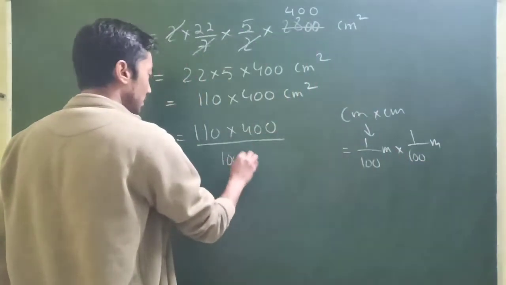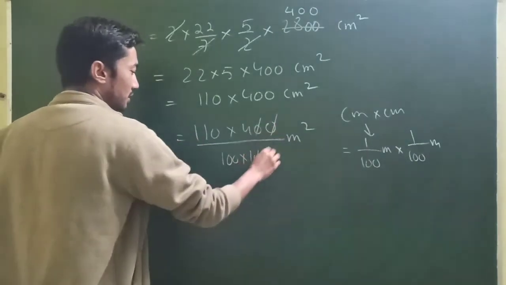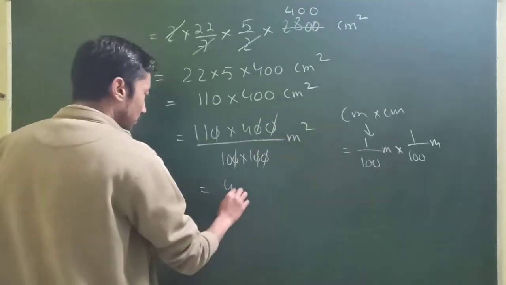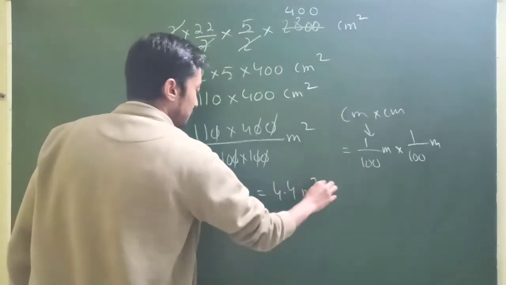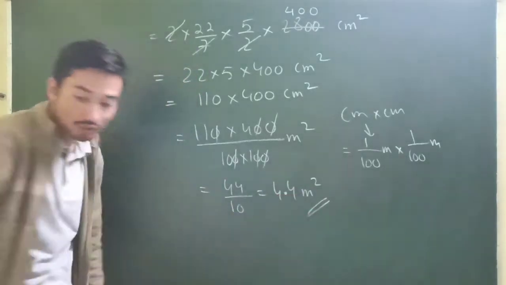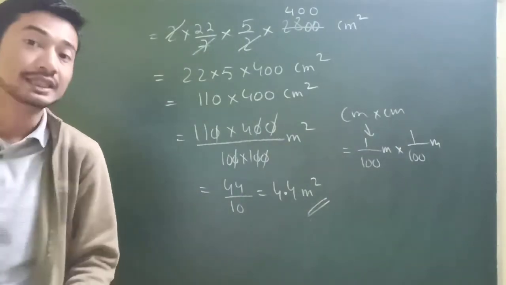So that's going to be 100 into 100 meter square. So 2 zeros, 1 zero, so we have 44 by 10. That's going to be 4.4 meter square. That will be the total radiating surface of the system.